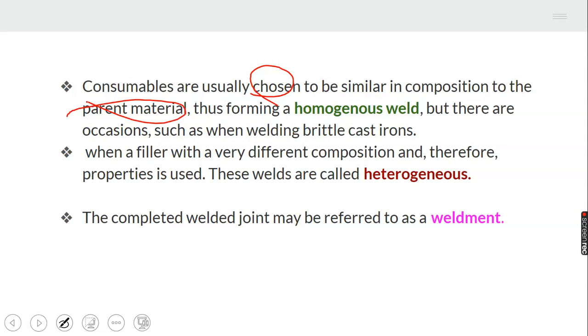So at the end of the day, you are going to have what we call a homogeneous weld, because the filler and the parent materials look the same way. But there are occasions, such as when welding brittle cast iron, when a filler with a very different composition and therefore properties is used. Then we have what we call heterogeneous.